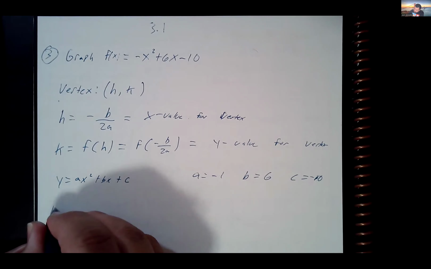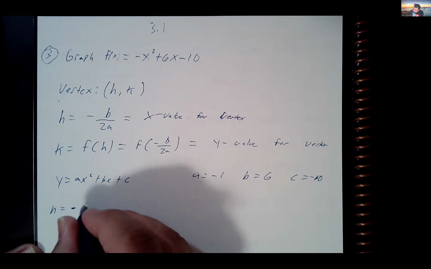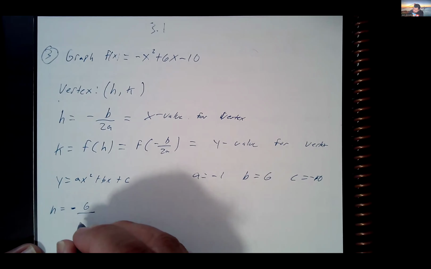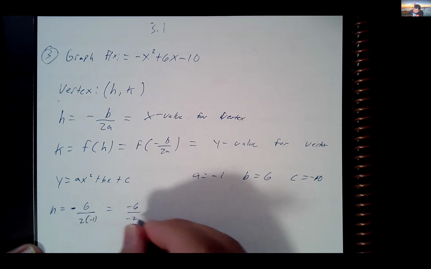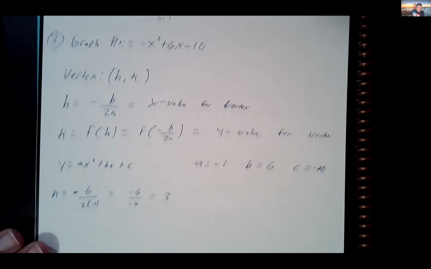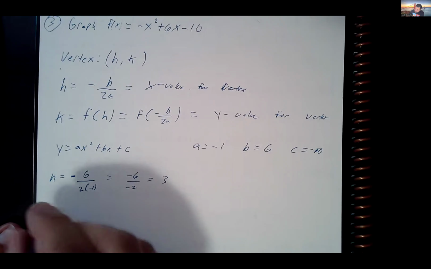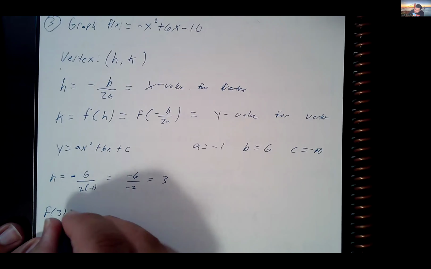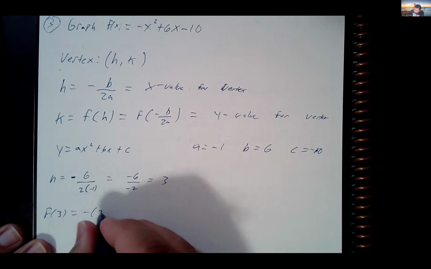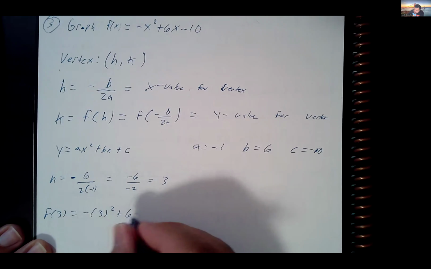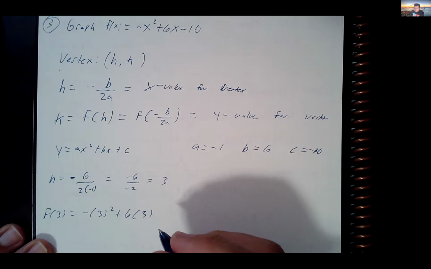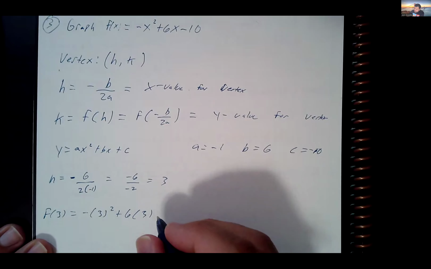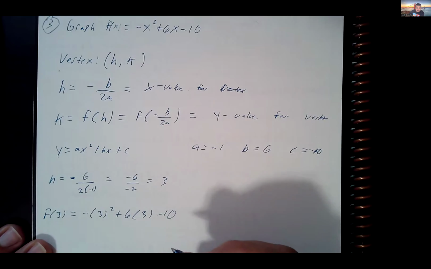The h will be -6 over 2 times -1, which is -6 divided by -2, which is 3. Now plug in the 3. f(3) will be -3² + 6 times 3 minus 10.